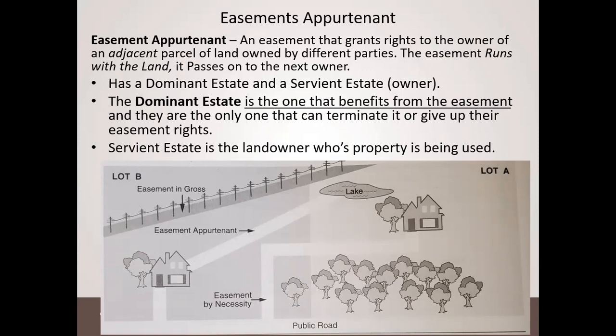A's property is being crossed over. They're being walked all over by lot owner B. B is the dominant and A is the servient. A is the property that's being walked over and used, so therefore they're the servient estate. The one that benefits from the easement is the dominant. So lot owner B is the dominant estate because they get to cross over onto lot owner A's property to use the lake that's on their property.